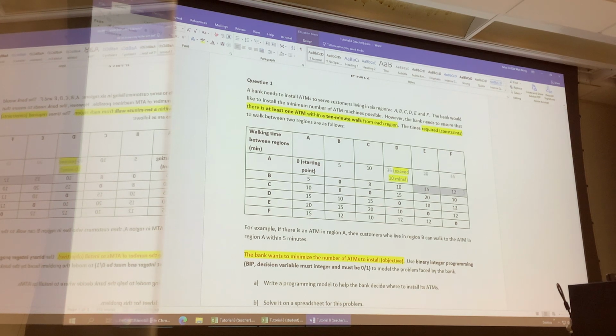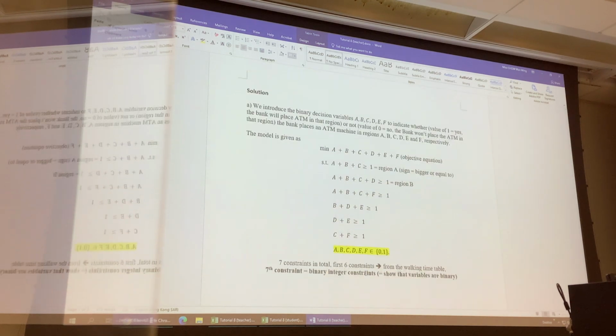So region B, these 2 are not acceptable, right? Exceeds 10 minutes, right? So the only available region that is A, B, C, D, these 4, right? So you may notice that if that is region A constraint, you have to include the variables A here too.